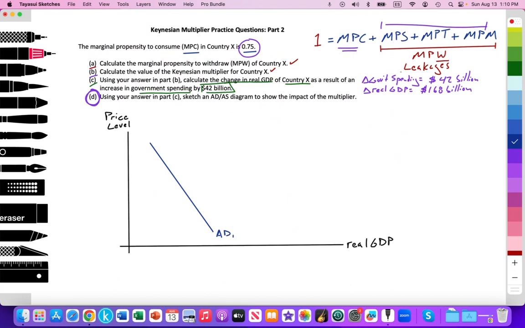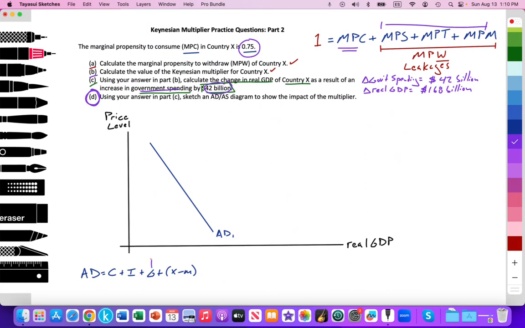Now we're at AD1, and we're mindful that aggregate demand is the sum of consumption spending plus investment spending plus government spending plus exports minus imports. In this question, the government is increasing their spending by 42 billion.